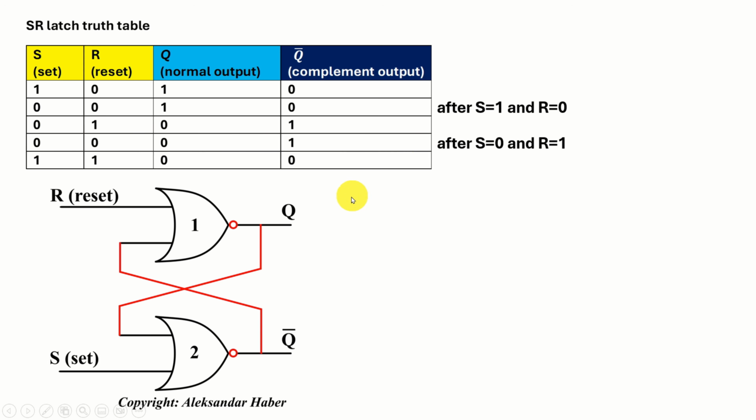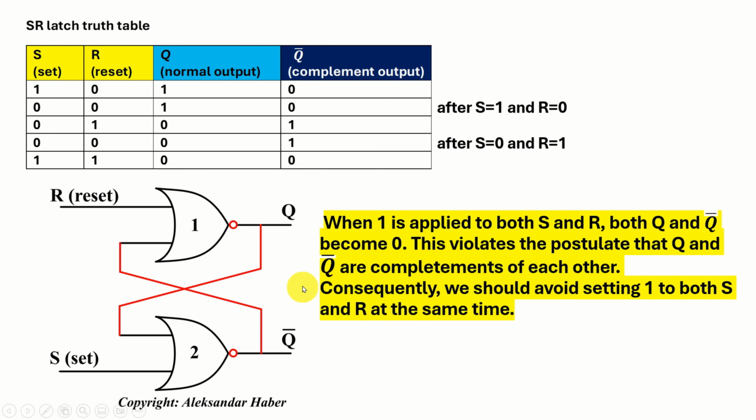And let's analyze the final case. In the final case, someone can press set to be equal to 1 and someone can set R to be equal to 1. That is, both of these inputs are equal to 1. Let's see what happens now. In this case, we have that both Q and Q bar are equal to 0, and this case should be avoided.